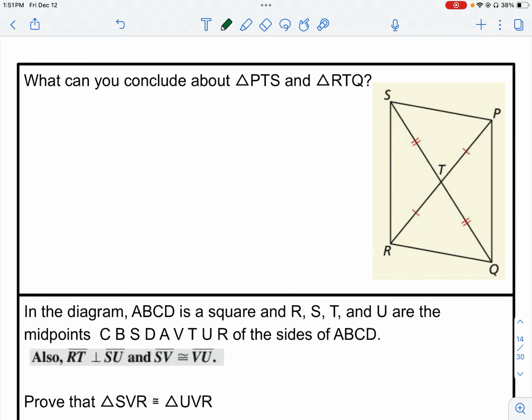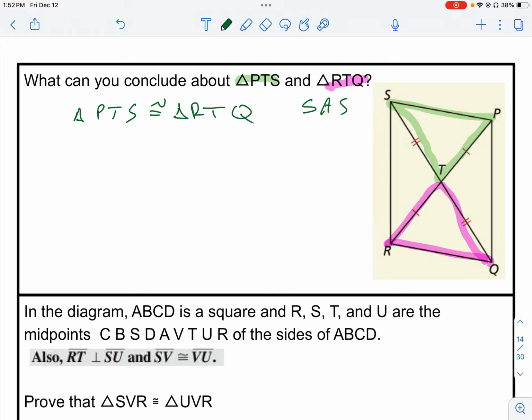So let's look at this. What can we conclude about triangle PTS and triangle RTQ? We can conclude the triangle PTS is congruent to triangle RTQ by side, angle, side.